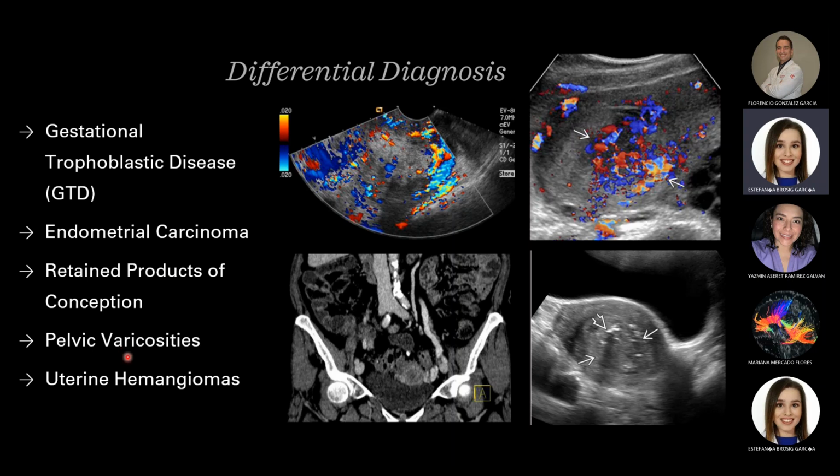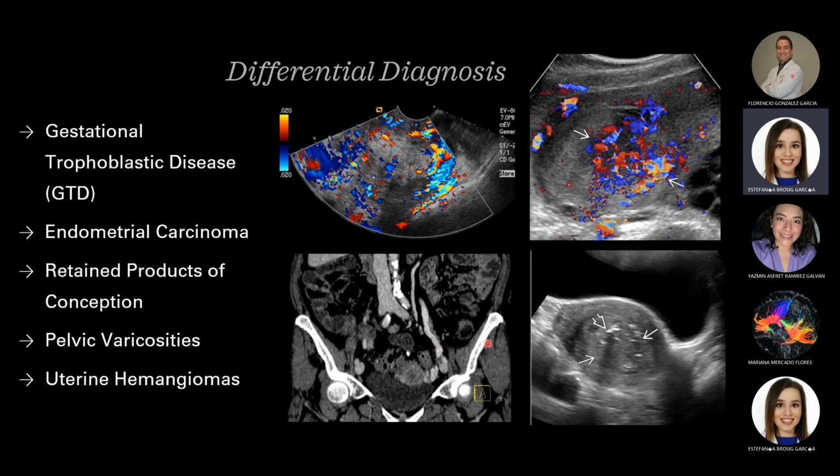In this case, we chose this coronal CT reconstruction, contrasted during the venous phase. We can see the left ovarian vein dilated with a serpentine aspect, which is consistent with pelvic varicosities. This can be seen also in ultrasound, like augmented vascularity during the Doppler ultrasound, and is a differential diagnosis.